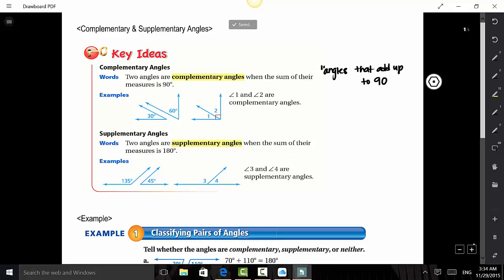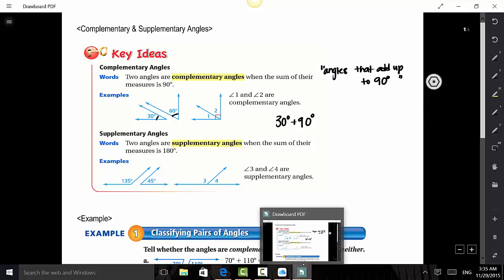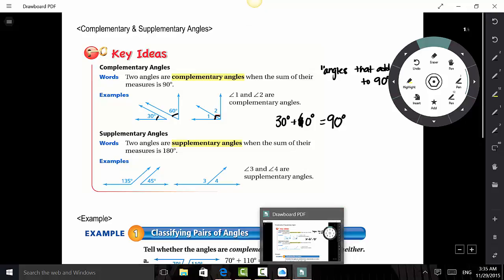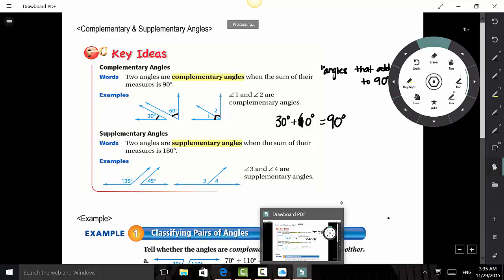When you add the two angles together, it has to be a right angle. For example, you have an angle that's 30 degrees and an angle that's 60 degrees. If you put 30 degrees and 60 degrees together, that gives you 90 degrees. So it is now a right angle. And that's why they are complementary angles. Complementary angles are the angles that add up to 90 degrees.